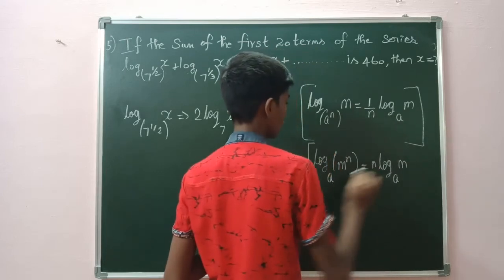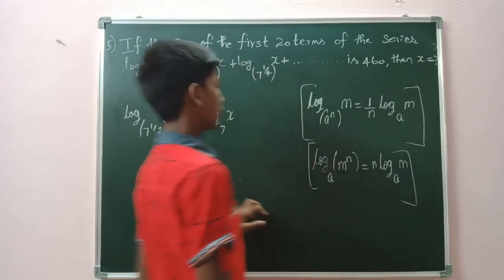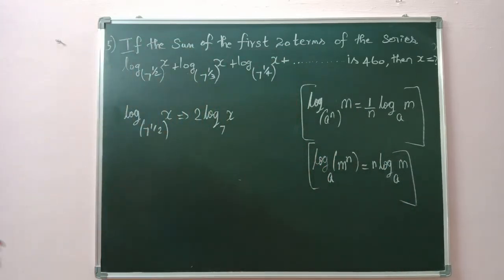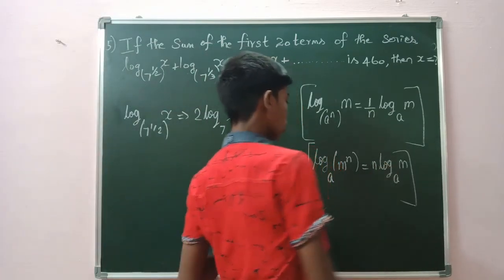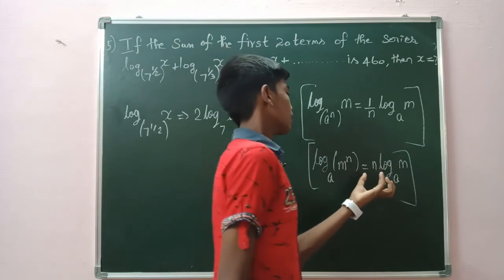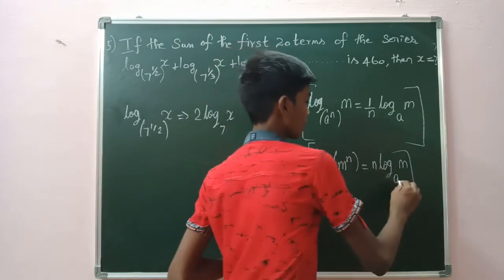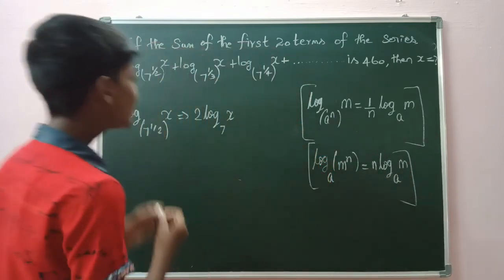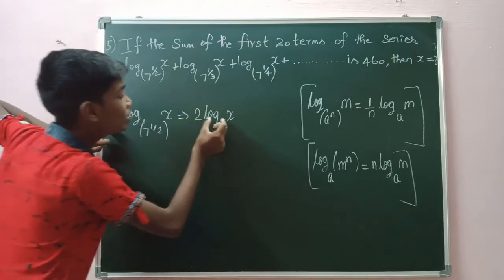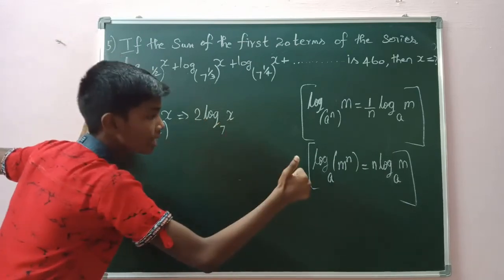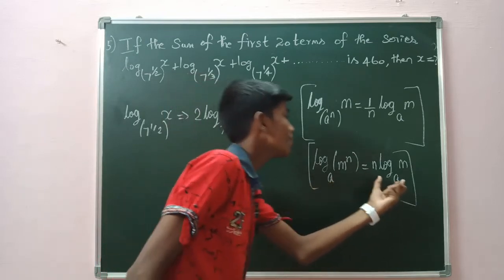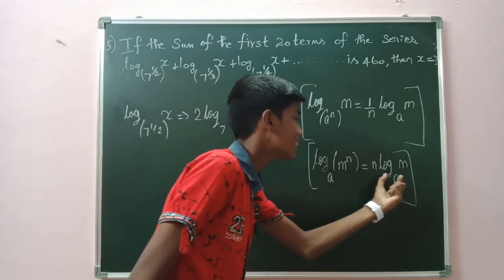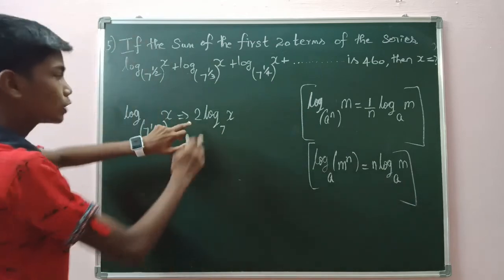Never forget that, it is also a very important log property. Here I have the format n into log to the base a of m, that is the RHS form.